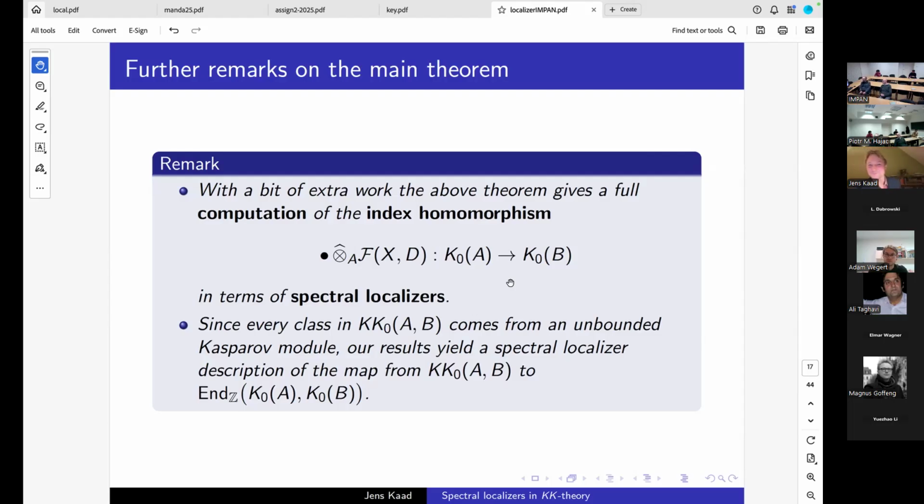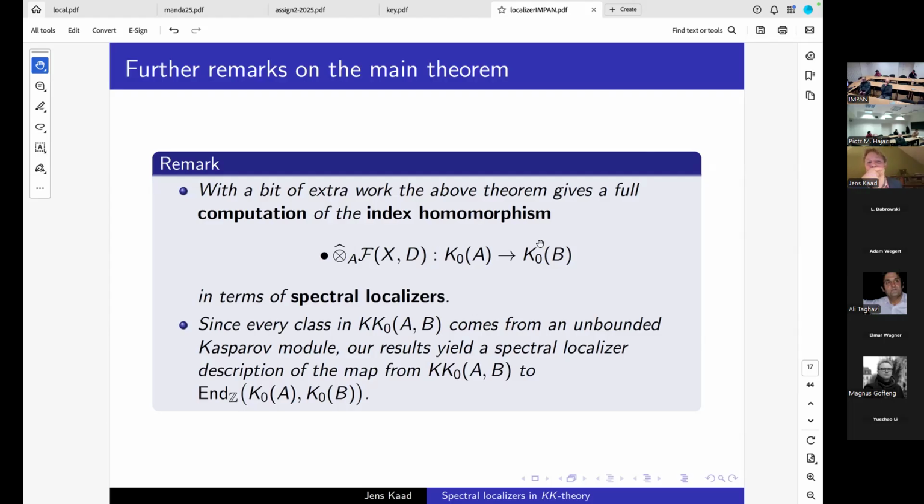Okay. Maybe do you have more input on this, Bram? If you're still here. I have one more question. Yeah, go ahead. One more question, in fact, about the second bullet point of this slide. So I guess the whole reason for this is to find a more computable approach to this index problem.